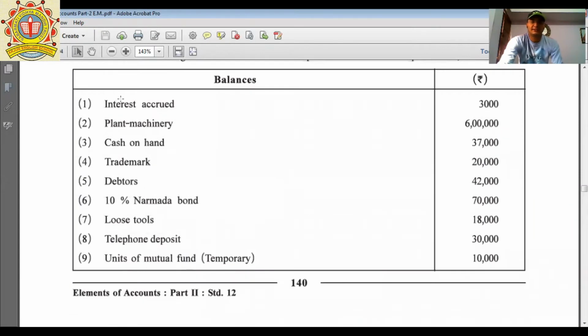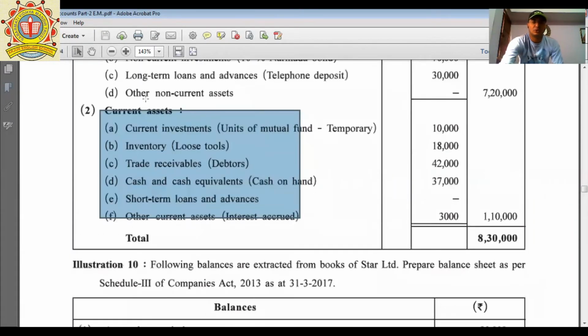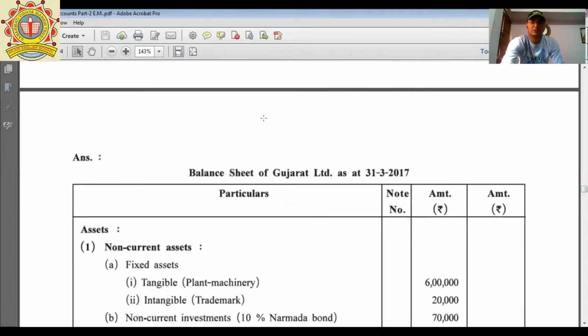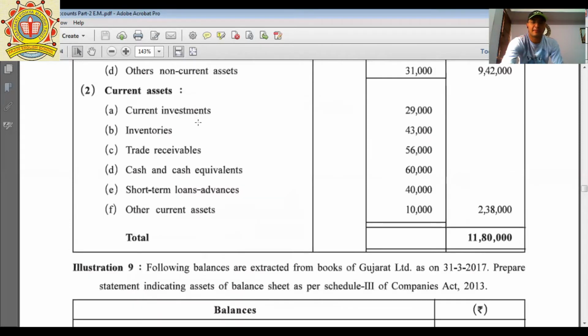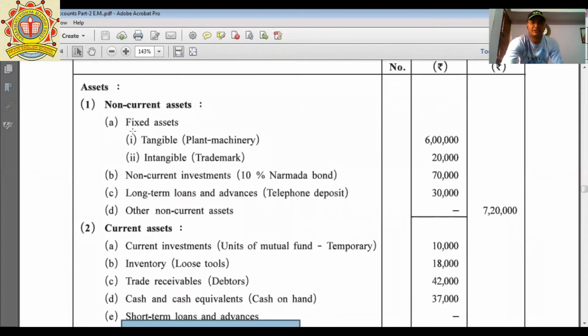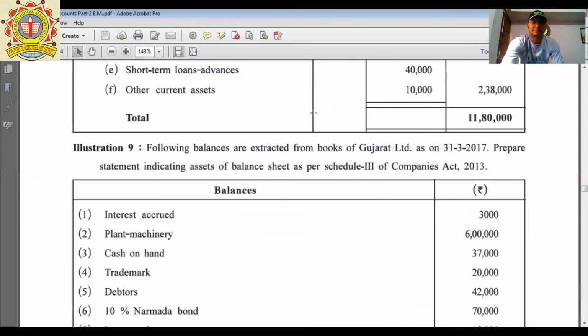First of all, it is interest accrued. So interest accrued, that is under the heading of other current assets for 3,000 rupees. Next, plant and machinery. Plant and machinery is a part of tangible fixed assets, 6 lakh. Cash on hand.